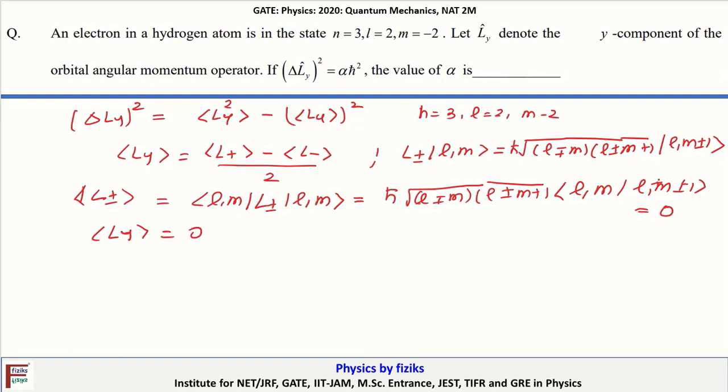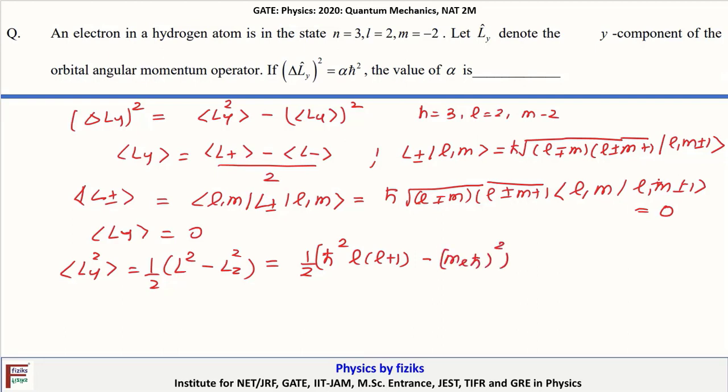But the expectation value of Ly square would be given by L square minus Lz square, by 2. L square would be h cross square into l into l plus 1, and Lz square would be m_l square h cross square. That gives us 1 by 2 h cross square into l into l plus 1 minus m_l square.